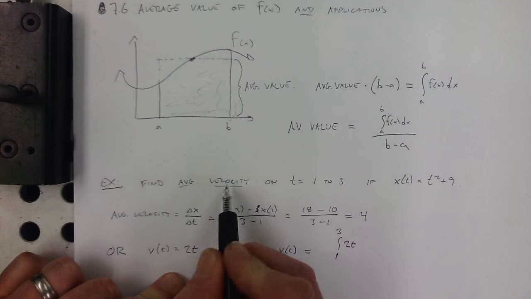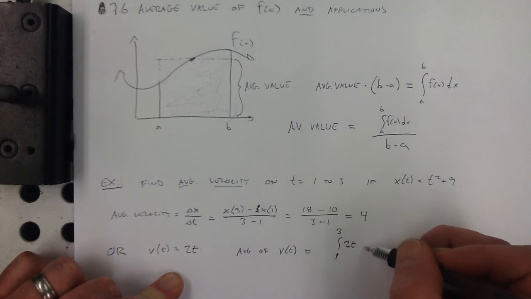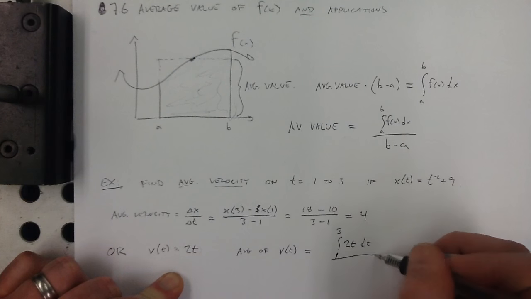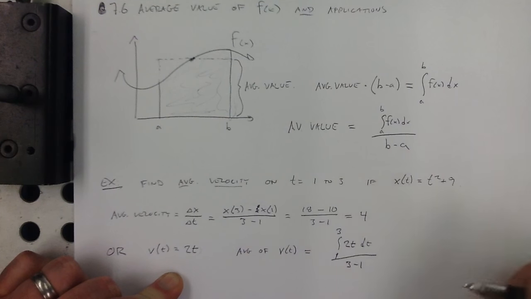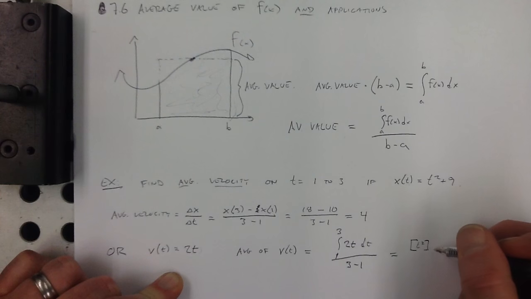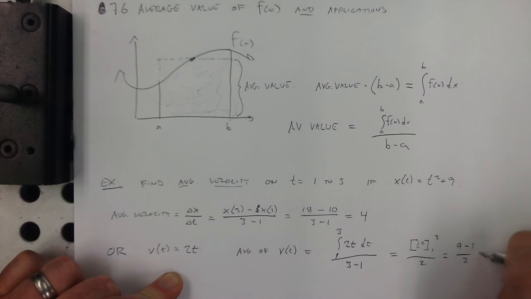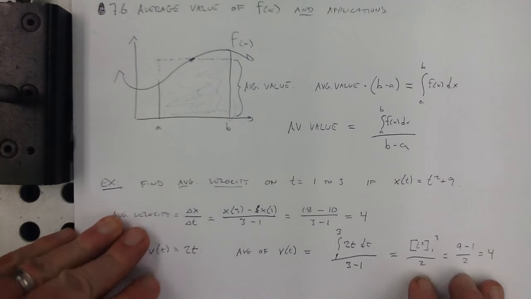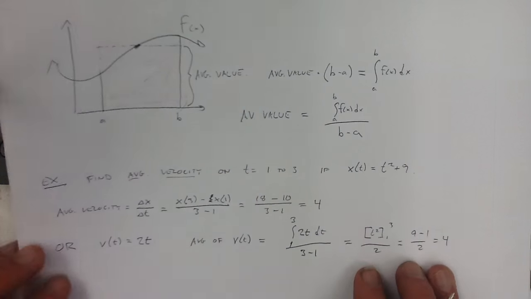I'm finding the average of velocity, so I would actually put velocity here, divided by 3 minus 1. And let's see, the antiderivative of that is t squared. So t squared from 1 to 3 divided by 2, and t squared, that's 9 minus 1 over 2, which is equal to 4. So we get exactly the same thing.